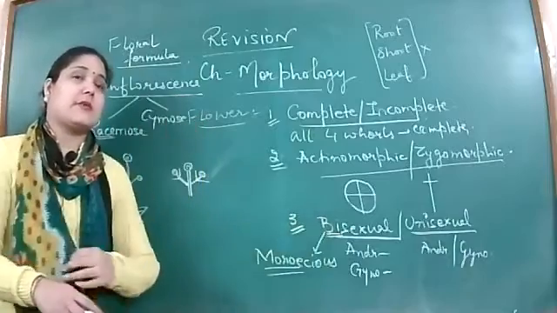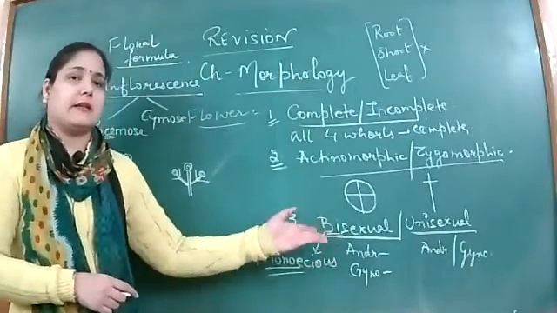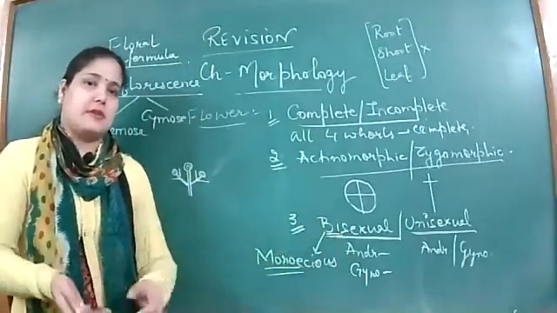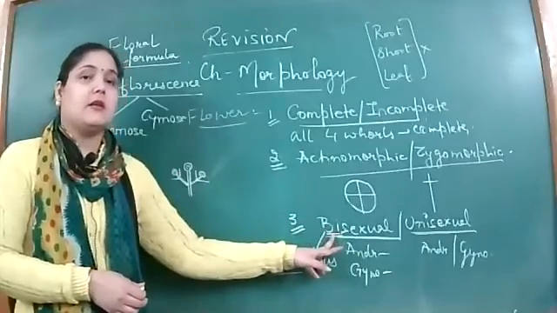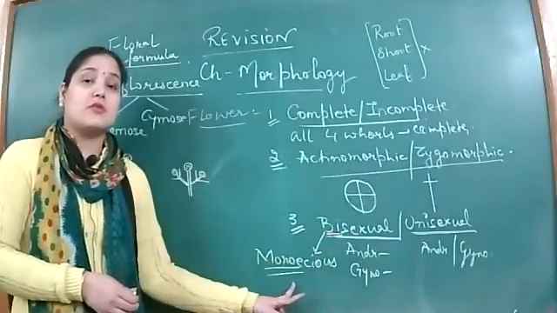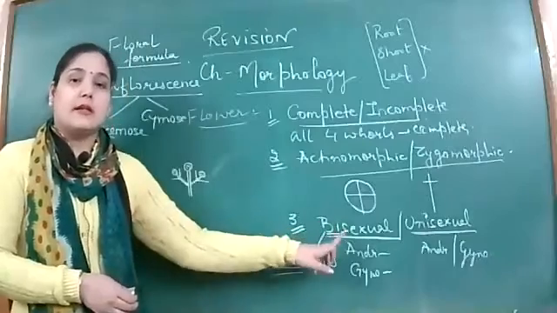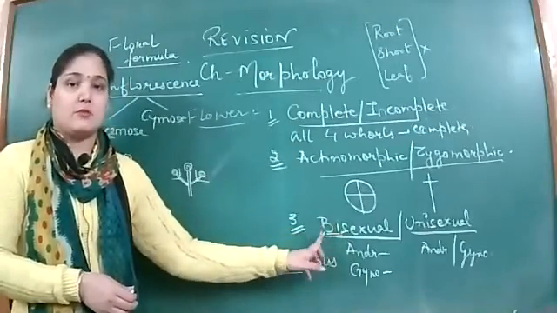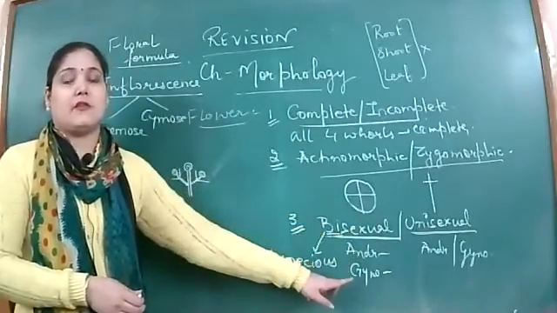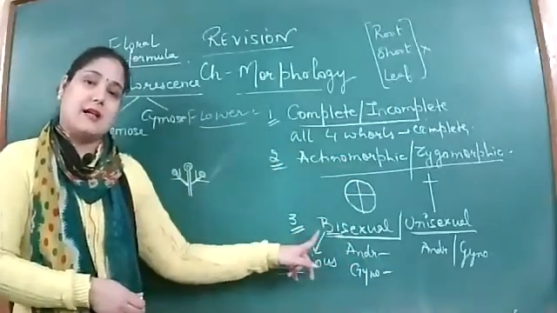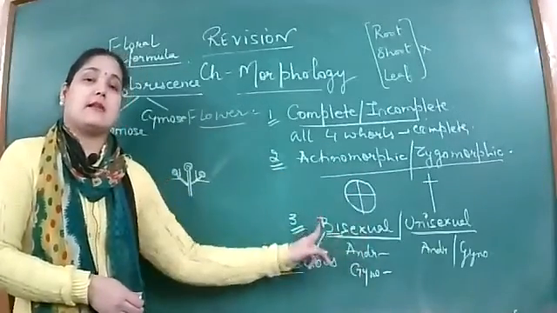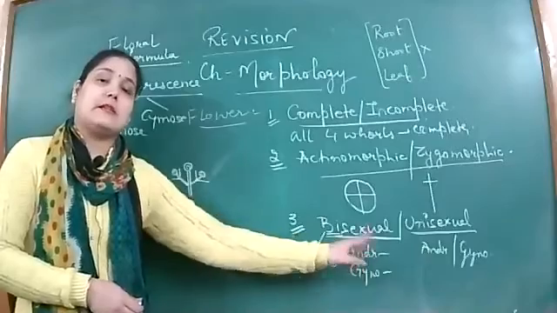You can get this question: why is China rose, which I discussed, called a bisexual flower? And why is China rose called a monoecious flower? तो कैसे बोलेंगे आप इसको? It is known as a bisexual flower because both the sexes, the male and female gamete producing organs, are found in the same flower, both the androecium as well as the gynoecium.